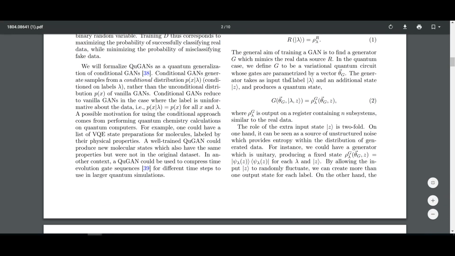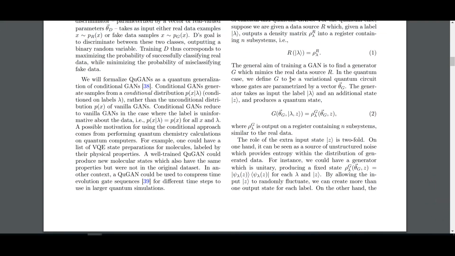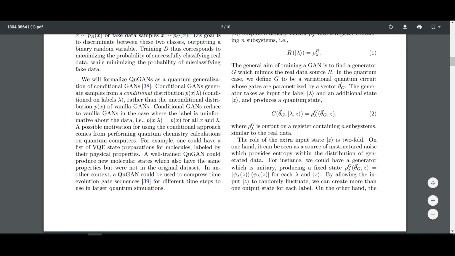The general aim of training a GAN is to find a generator G which mimics the real data source R. In the quantum case, we define G to be a variational quantum circuit. I think I remember reading something about this, but I'm not so sure.